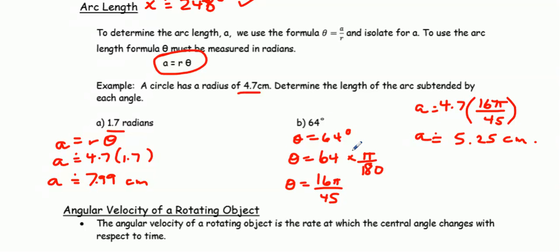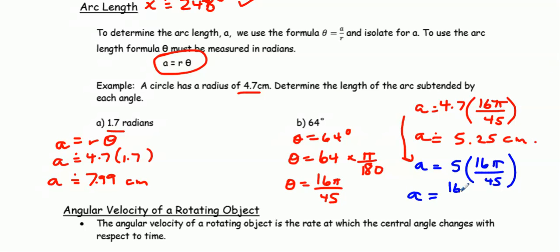Okay? So had this been something like 5, for instance, we could have gotten an exact value. So let me just show you. If I didn't want to substitute in for pi, if 4.7 was 5, we could have said 16 pi over 45, and A then would be exactly 16 pi over 9 centimeters.